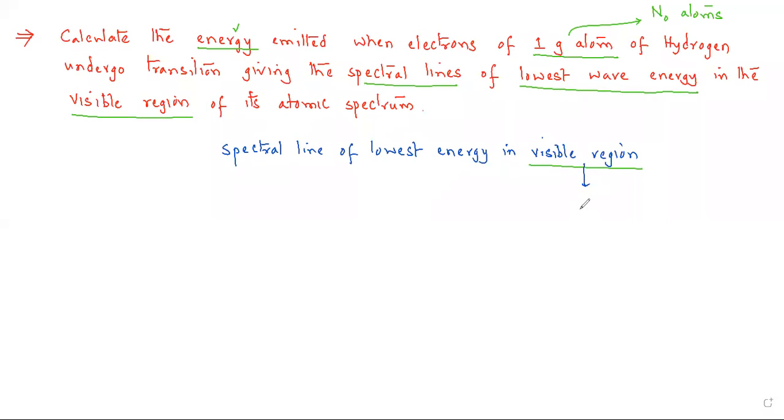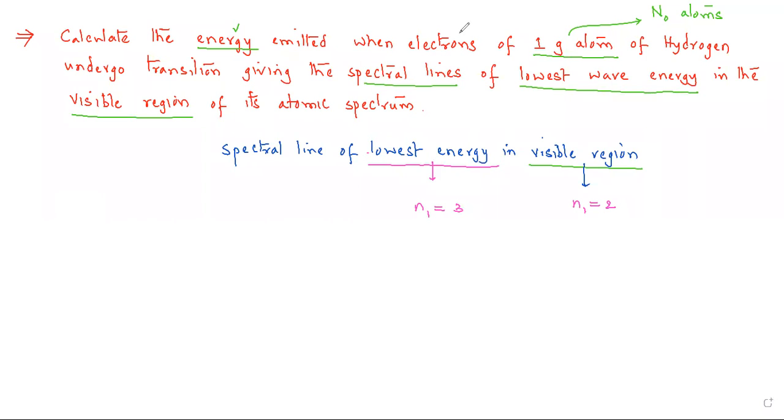From this, it can be written as N1 is equal to 2. I mean, the lower energy level in any way is 2. Lowest energy, just now I took. If you want lowest energy difference, go for the next immediate. If you want the maximum energy difference, go for the last one.